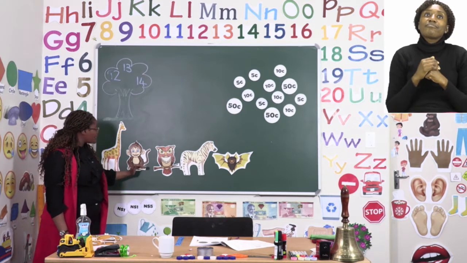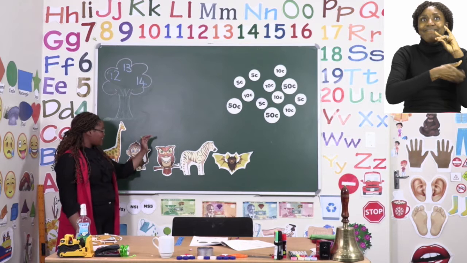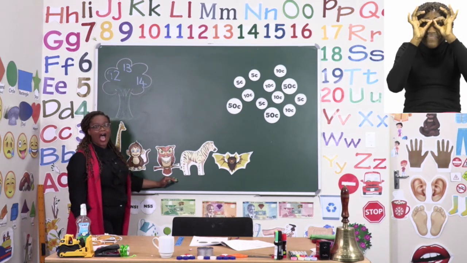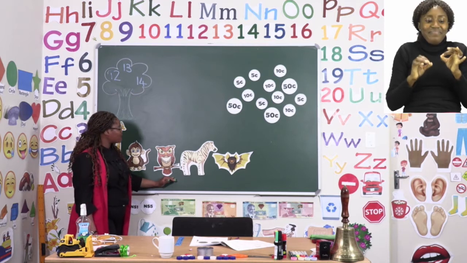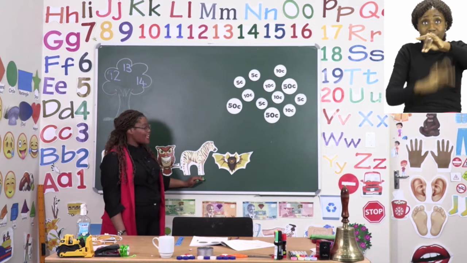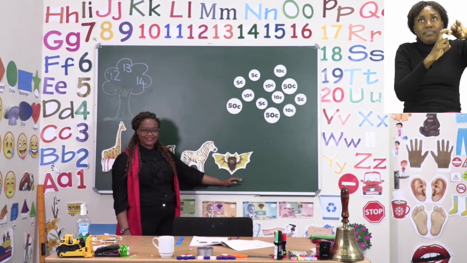Next to the giraffe, we have a monkey. Next to the monkey, we have an owl. Next to the owl, we have a zebra. And then the last one that we can see is a bat.